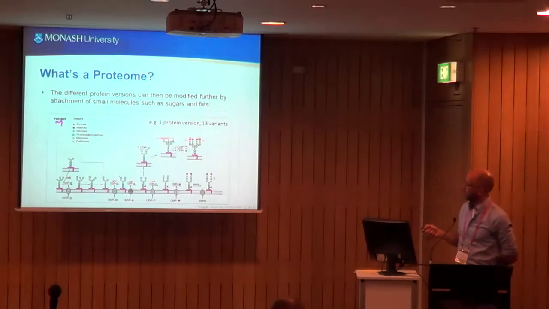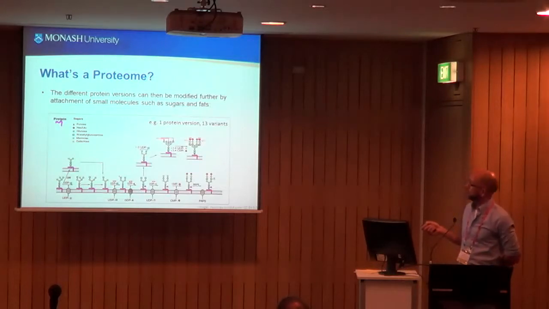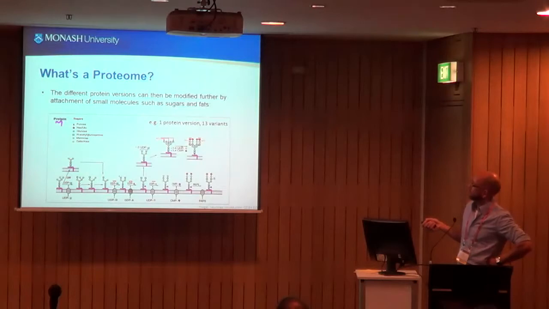But it gets more complicated than that as well, because these different versions are modified in different ways by different cells. This is where other small molecules are attached to the protein, and that effectively makes a different version of those proteins. This is a complicated looking slide, but it's actually pretty simple.